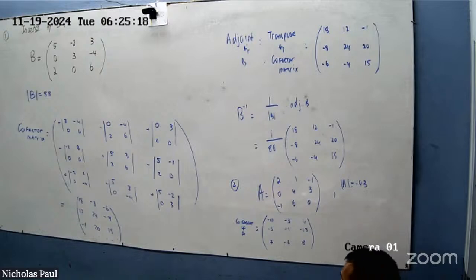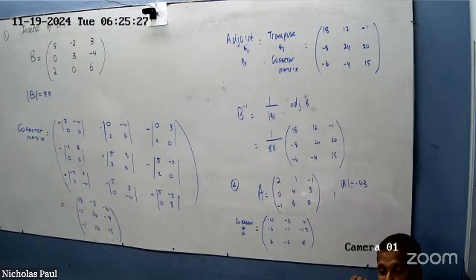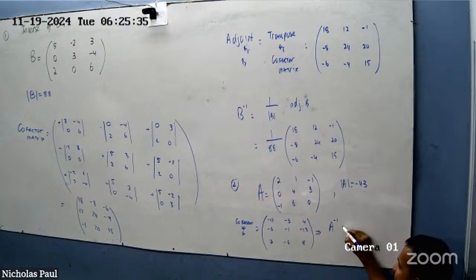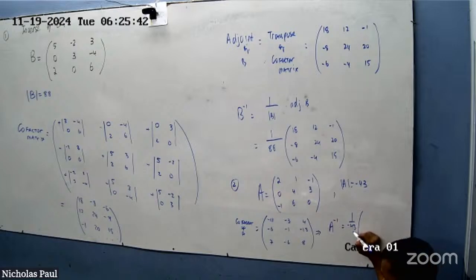And there are 2 values as well. Right, so that was the cofactor. So I just write in the answer: minus 1 on minus 43.